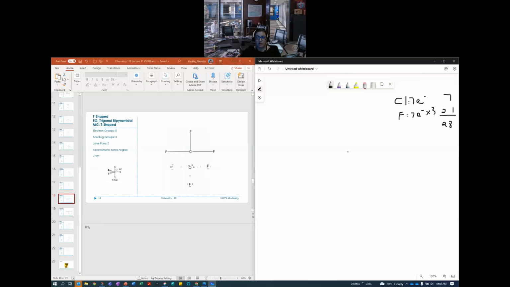Now I put my Cl in the center. I'm going to have an F, an F, and an F that I need to contend with. I draw a bond. That gives me 2, 4, 6 that are taken care of. That leaves me with 22.